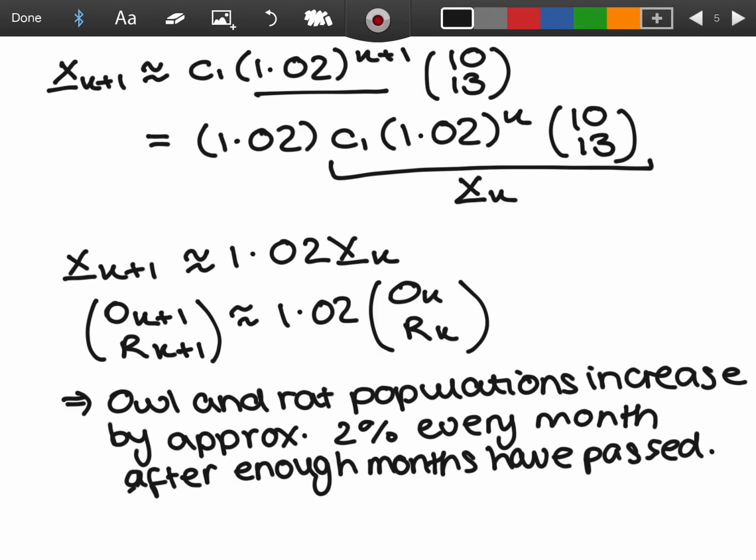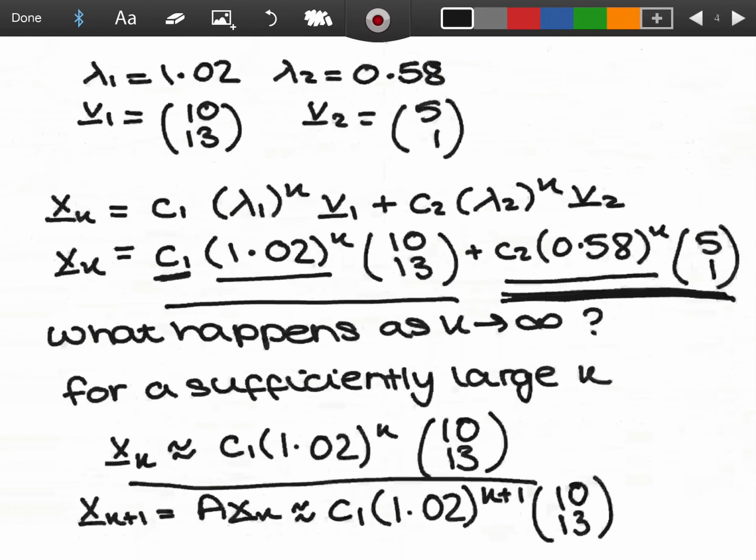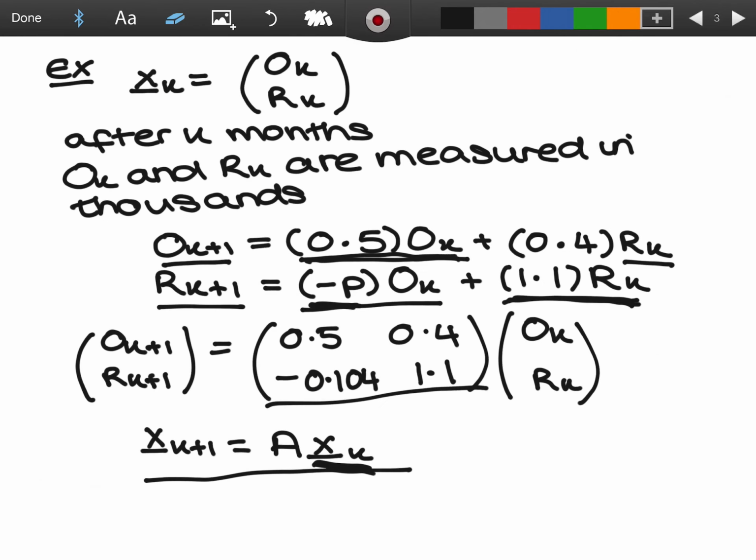So let's look at how we did this again, just to recap, because we're going to be coming back to these systems. This system can be written as a difference equation, a dynamical system, where it's an iterative system. To find the population of the next month, I just multiply the population of the current month by this matrix A, which is determined by the system you are given, where they relate the owl and the rat populations to each other.